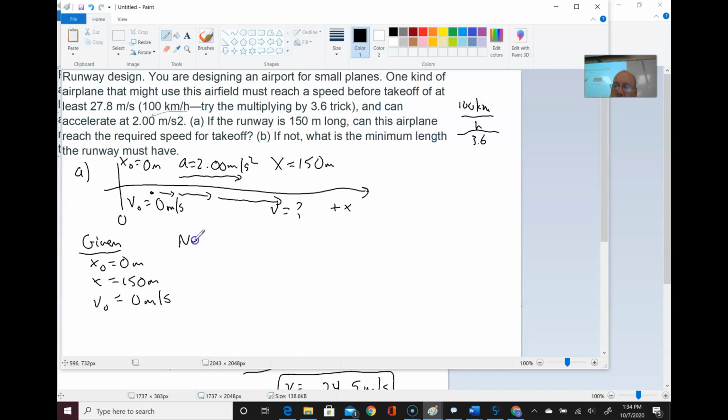That's what I need, so I'm going to put that in my need list. Okay, and then my acceleration is going to equal 2.00 meters per second squared. I have not been given a time. So in saying I have not been given a time, I've already figured out what formula I have to use. And I'll show you why that is in just a second, but I haven't been given time.